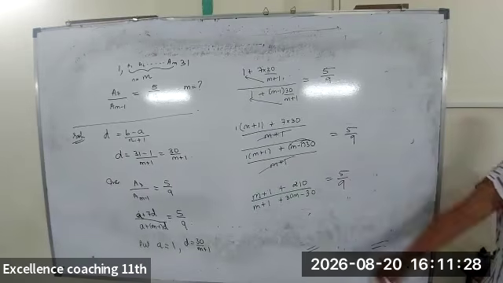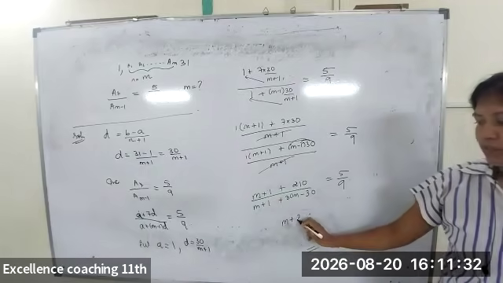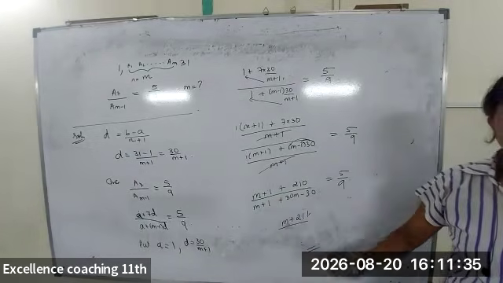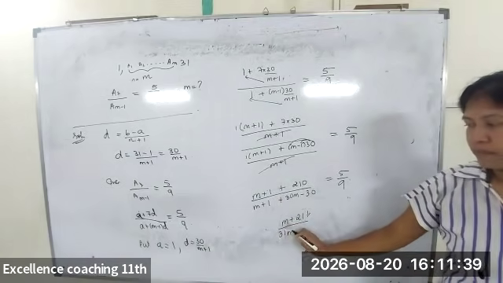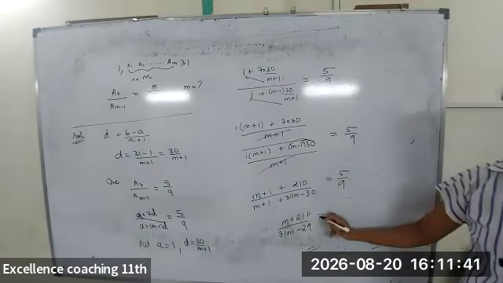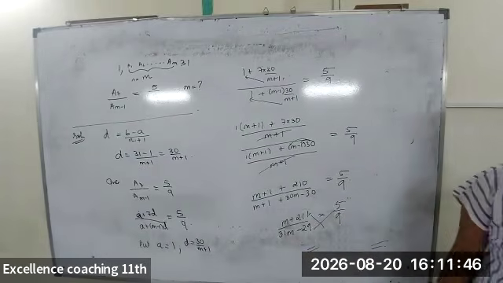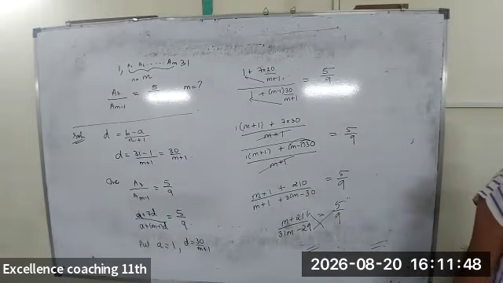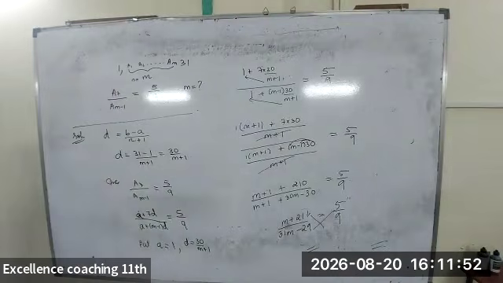Getting till this step, just check. Okay. Now this will be m plus 211. And this will be 31m minus 29. And now cross multiply again. Getting the same? Check. Correct.